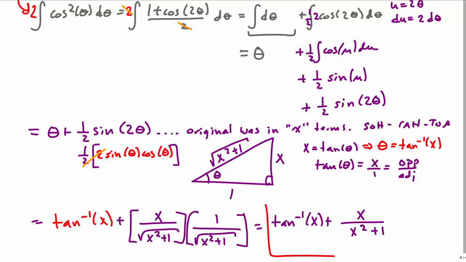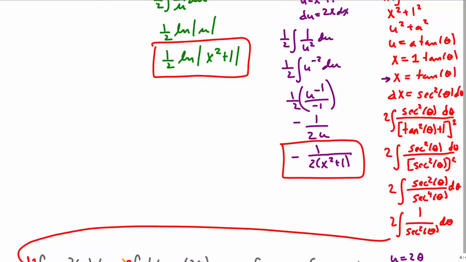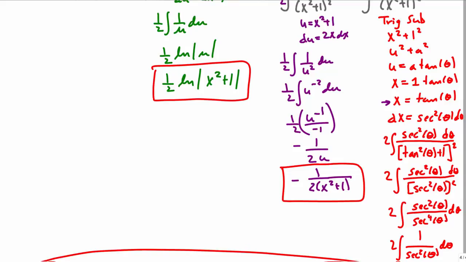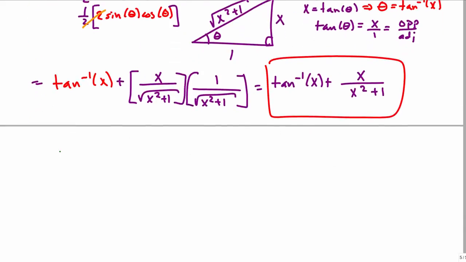So this is another part of my solution. Now, I can't remember all of our parts. So if we come back up here, everything I have boxed in red, I have minus ln of x plus half ln of x squared plus 1. So I'm going to combine my solutions.